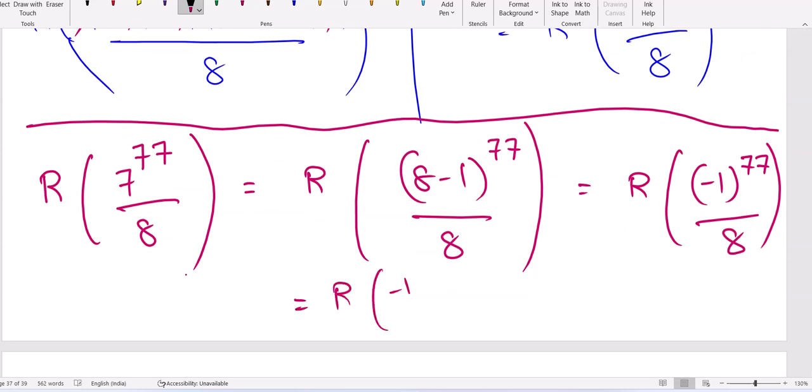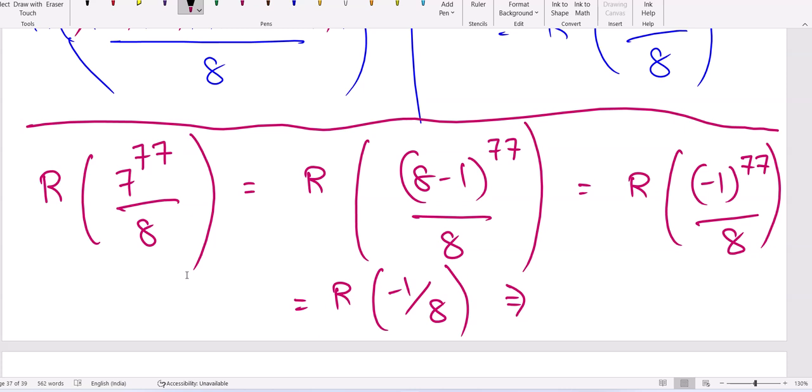Minus 1. See, generally when any number is divided by 8, the remainder should be from 0 to 7 only. I cannot go for negative. This negative concept we bring for simplification, to solve the question with fewer steps. Same question without negative also I will explain next. 7 power 77 without entertaining negative remainder also I will explain.